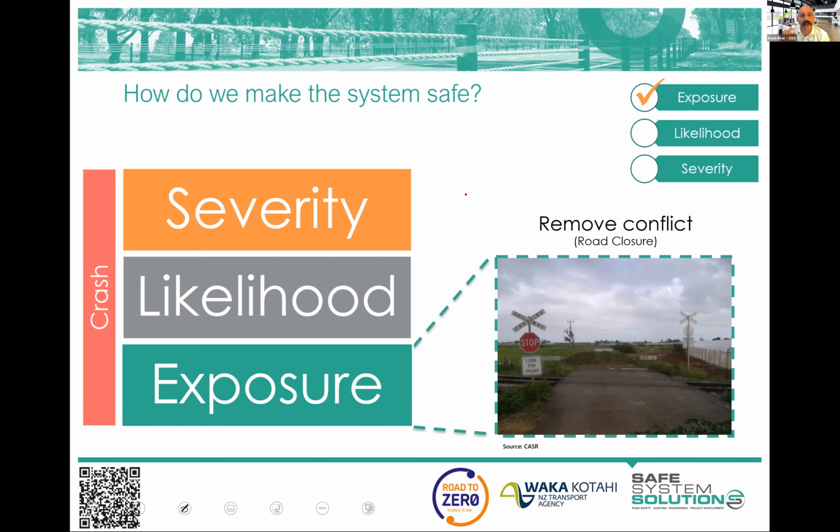Now, some people got this really, really well, and they talked about things like closing off the intersection, closing off legs to the intersection, complete grade separation, so overpasses, flyovers. This one here that we showed in the other module, closing off this level crossing, making them go around to another intersection. Now they are exposed to crashes at that other intersection, but within a general envelope of this area, you're saying that that's removed exposure.